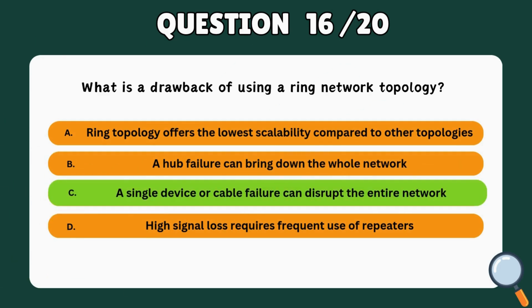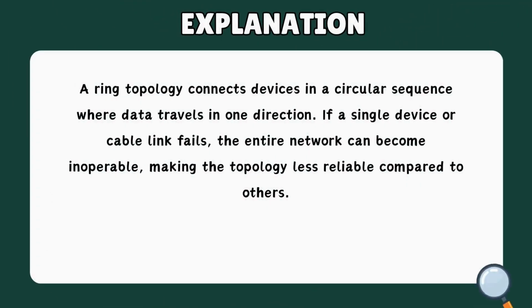Correct answer, C. A single device or cable failure can disrupt the entire network. A ring topology connects devices in a circular sequence where data travels in one direction. If a single device or cable link fails, the entire network can become inoperable, making the topology less reliable compared to others.